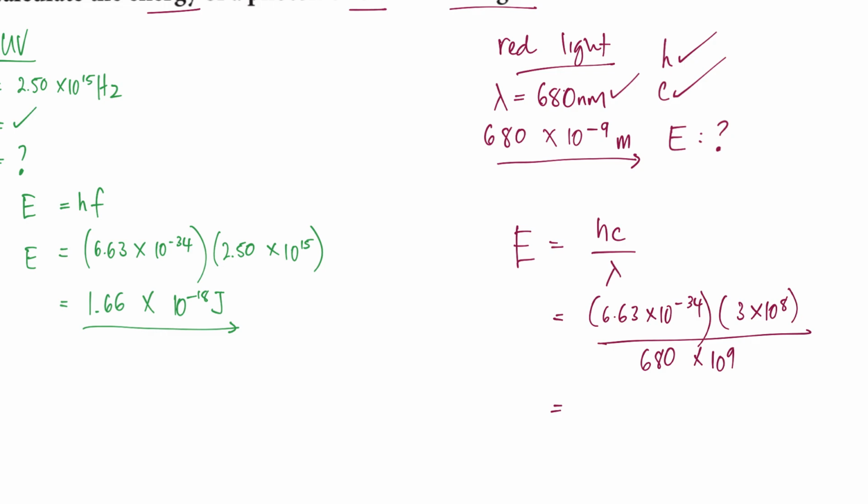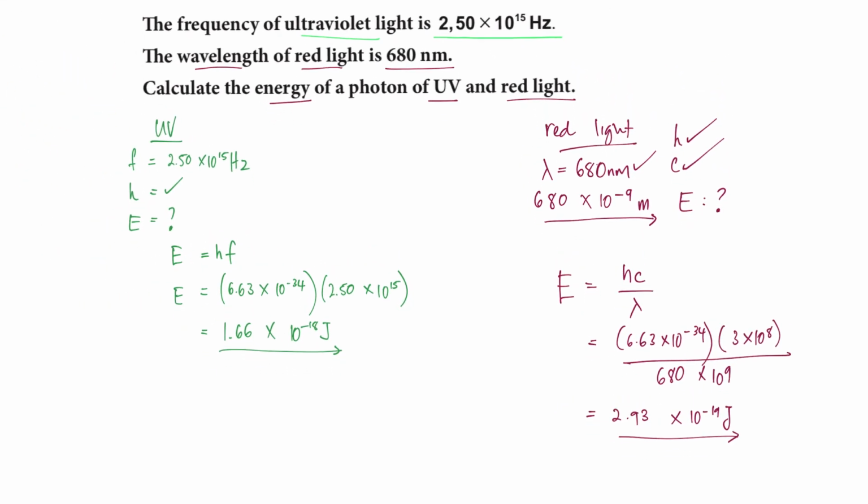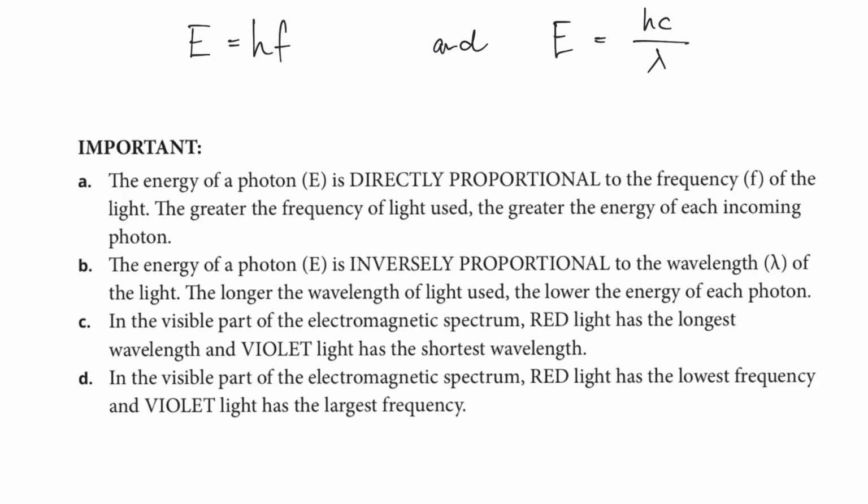And if I pop that into my calculator, I should be getting 2.93 times 10 to the power of negative 19 joules. And that's the energy of a photon for UV and the energy of a photon for red light. So that's the first little bit of this topic.